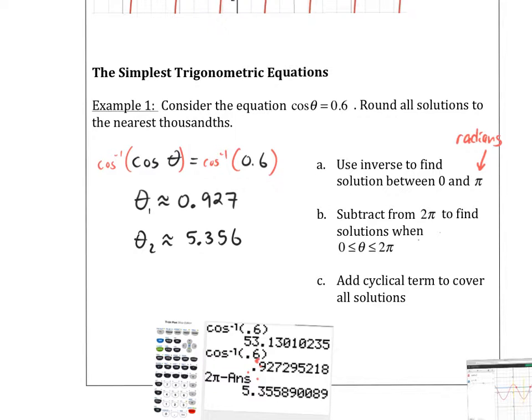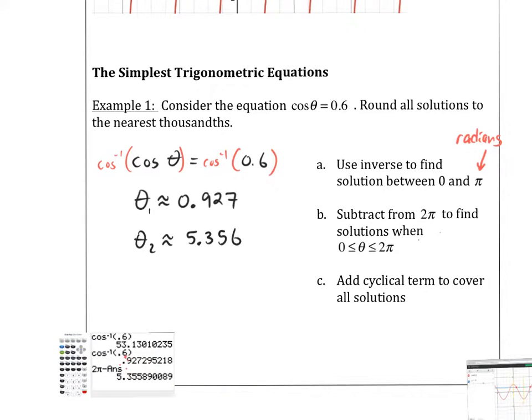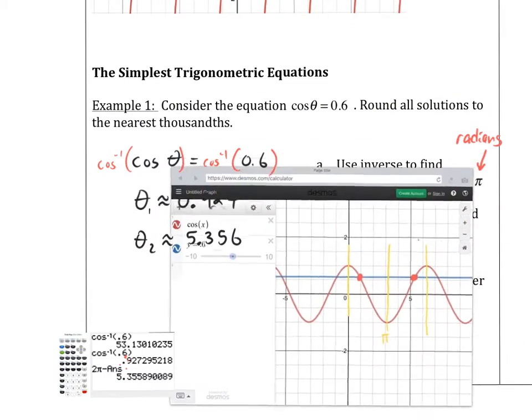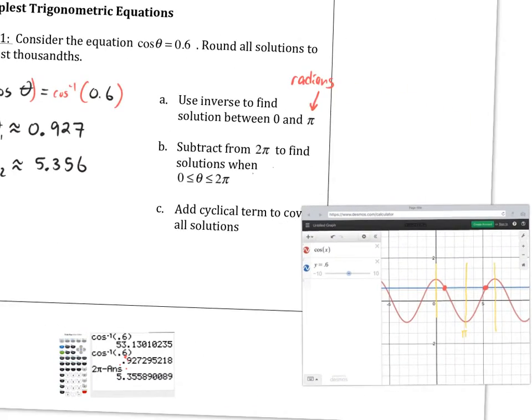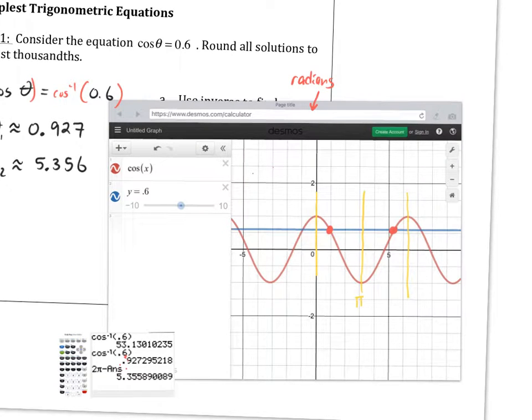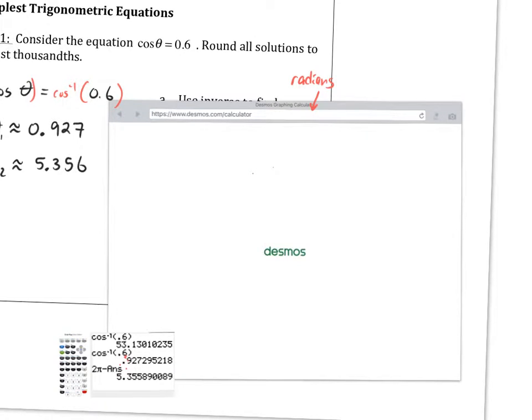5.356. So why did I subtract the 2 pi? Well, the nature of it is extremely helpful when we see the graph. So let's pull up a calculator. I'm going to graph the cosine of x, and I'm also going to graph y equals 0.6.